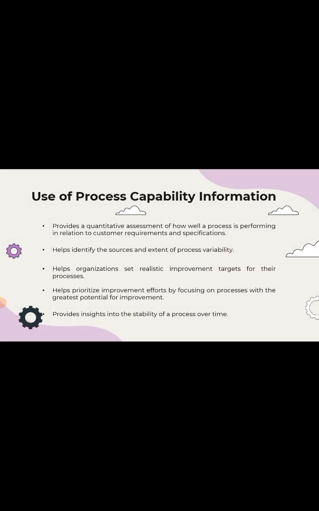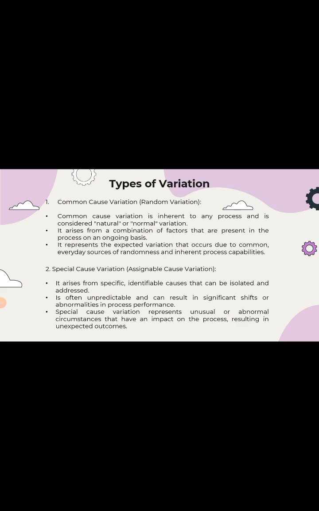So we have a few things to understand in this part. I'll be continuing the report about types of variation. There are two kinds of variation that we usually try to use to improve our operational process. The first one we call common cause variation.